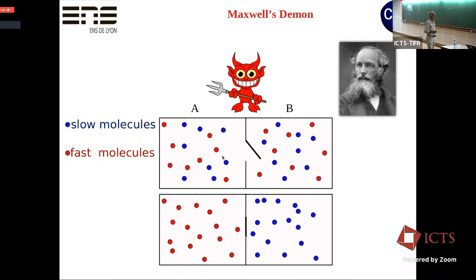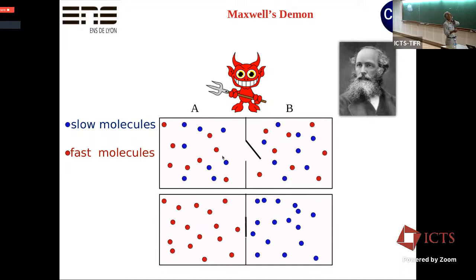Probably you know, but just to make a common language, this is what the Maxwell demon does. You start from a container that is at a given temperature, so you have fast and slow molecules. Then you separate this container into smaller containers separated by a gate.